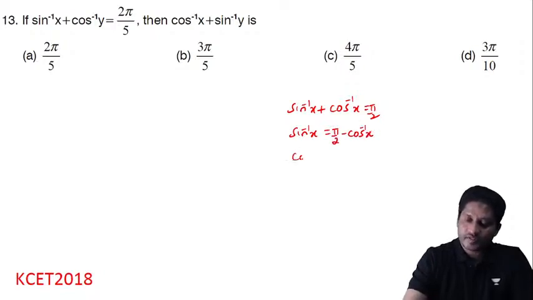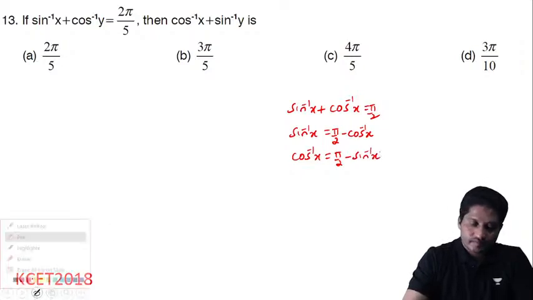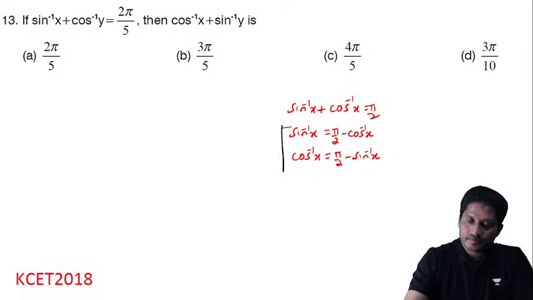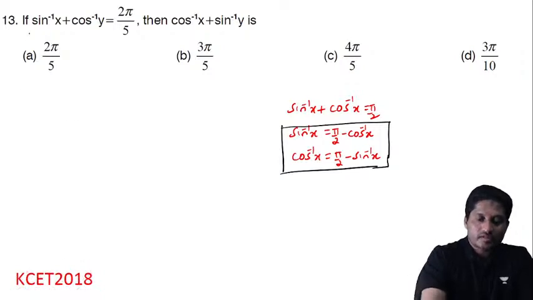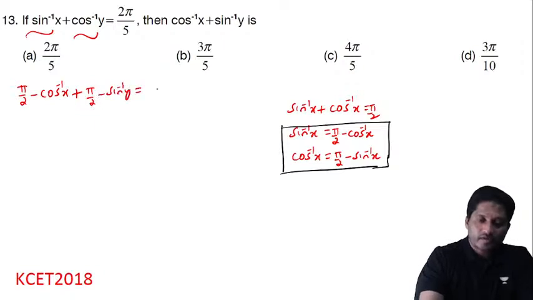Similarly, cos inverse of x is equal to pi by 2 minus sin inverse of x. Now cos inverse of y is equal to pi by 2 minus sin inverse of y, which is equal to 2 pi by 5.